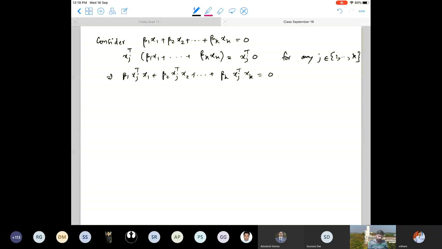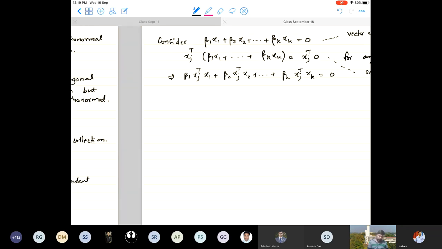You have to understand, this is a vector equation, and when you take the inner product on both sides, this equation becomes a scalar equation. I hope you understand that. And now what is the property of xj transpose x1, xj transpose x2?